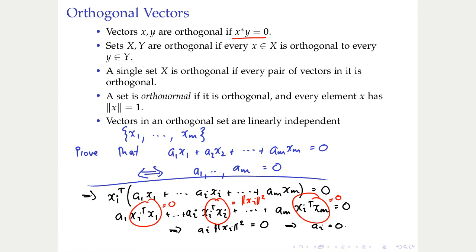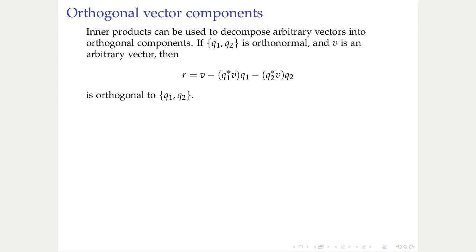So that's just covering briefly what orthogonality means when we're talking about vectors. What can we do with these that's useful? Well, inner products can be used to decompose arbitrary vectors into orthogonal components. What does that mean?